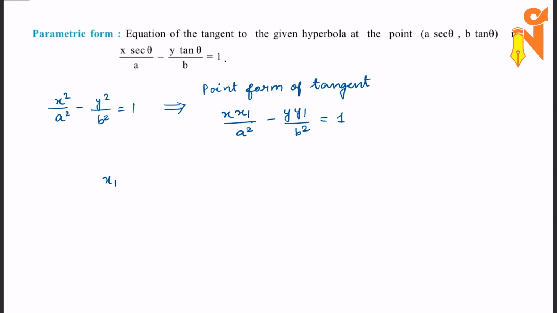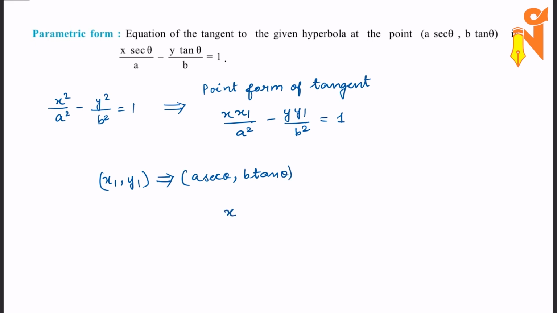If x1 and y1 is a point on the hyperbola where you are drawing a tangent, if you replace it by its parametric coordinate, which is a secant theta comma b tan theta, you will get the parametric form of a tangent.